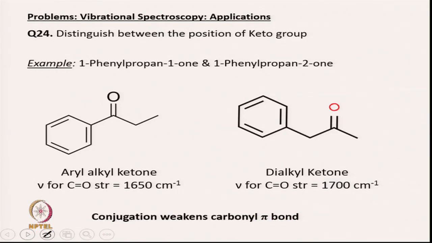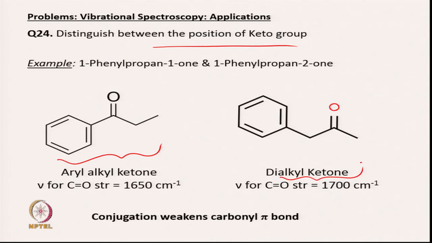In this question, we are going to look at whether we can apply vibrational spectroscopy to distinguish the position of the keto group. Here is an aryl alkyl ketone and here is a dialkyl ketone.